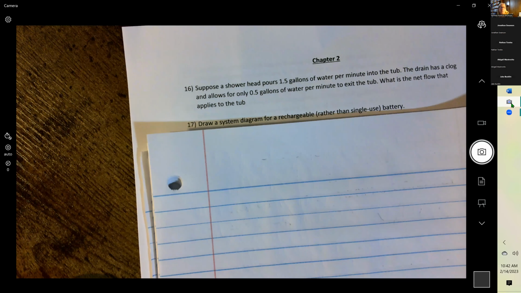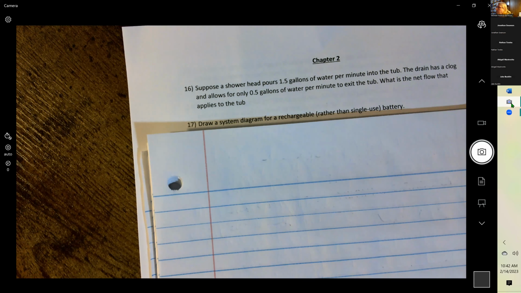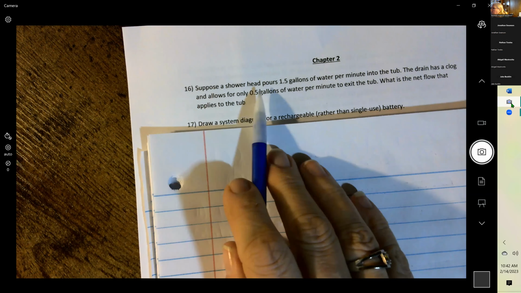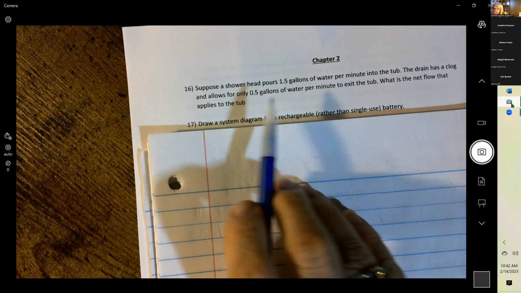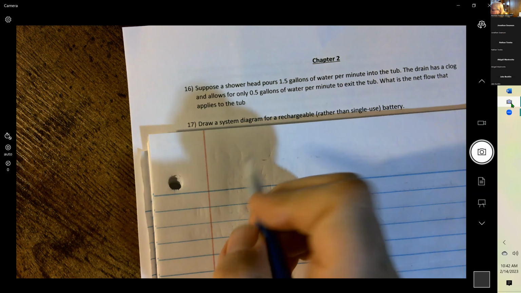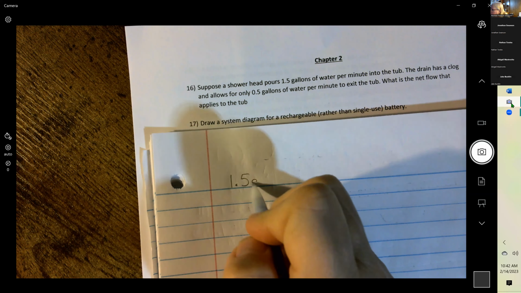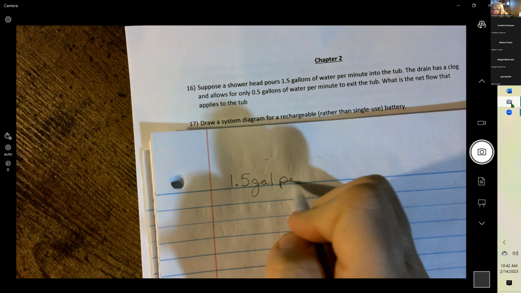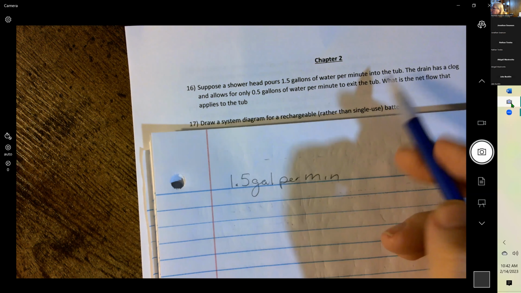Number 16. Suppose a shower head pours 1.5 gallons of water per minute into a tub.